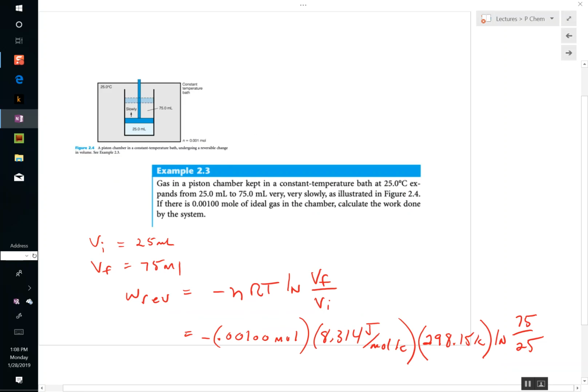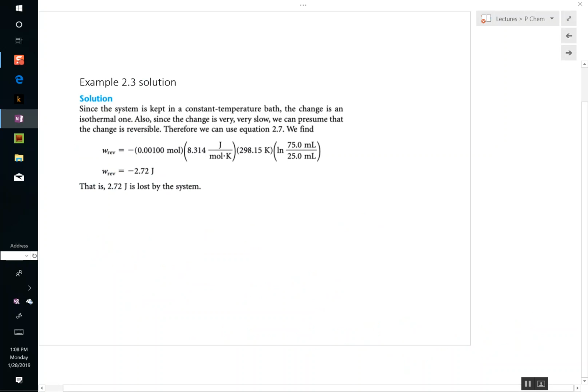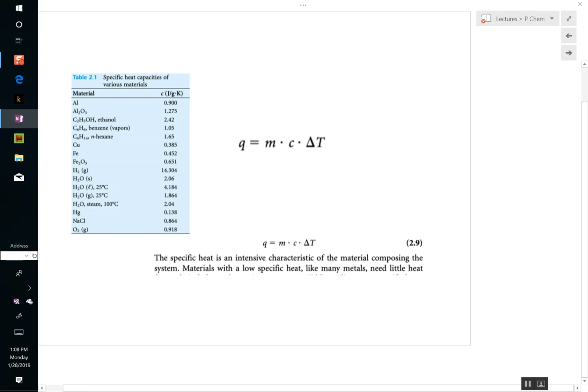Okay, yeah, we are expanding. I thought that was the end product, but no, it is expanding. So we get a positive times the negative from the original equation, and the reversible work is negative. So yeah, the system is doing work on the piston and it's losing energy.